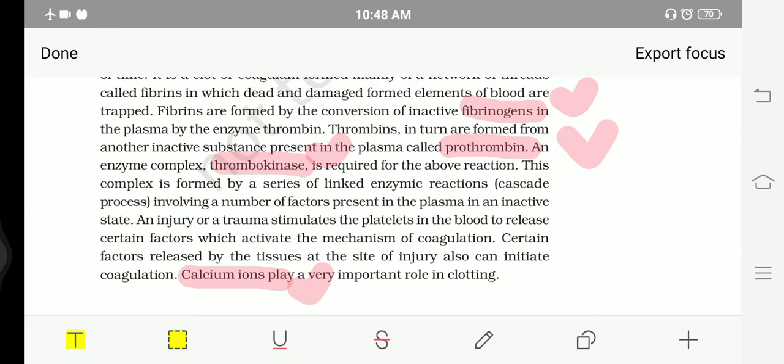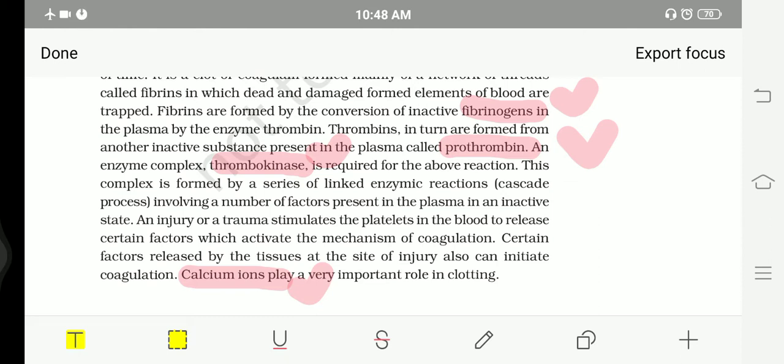It is an unstable protein or inactive substance present in the plasma and formed by the liver.